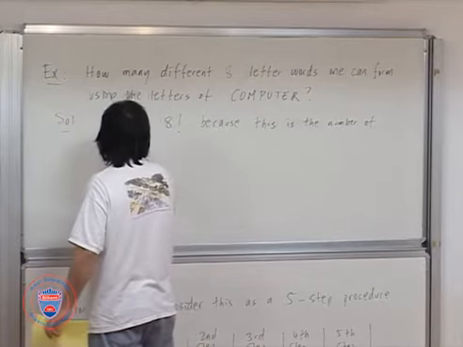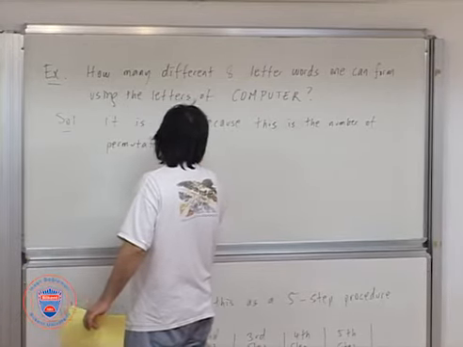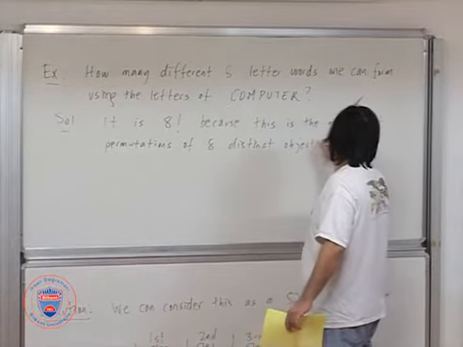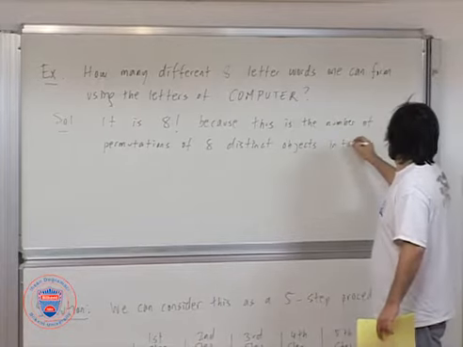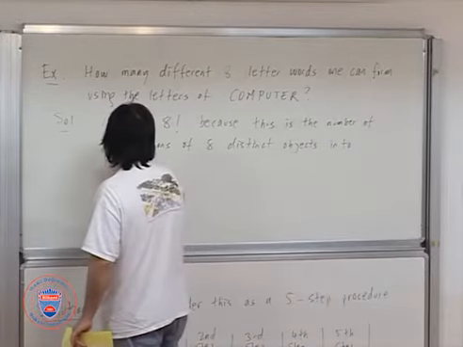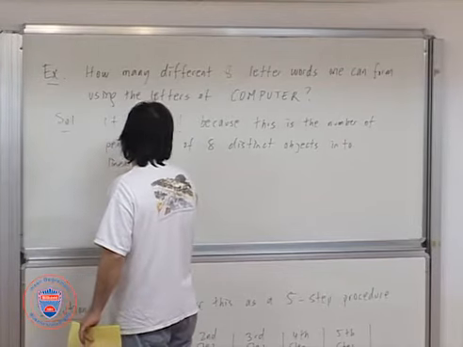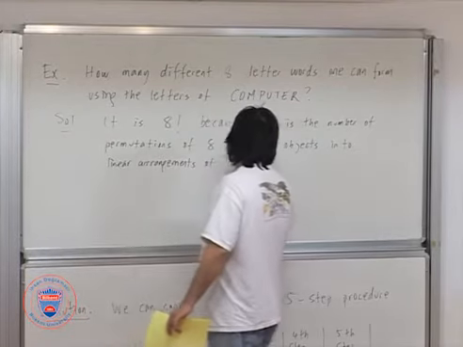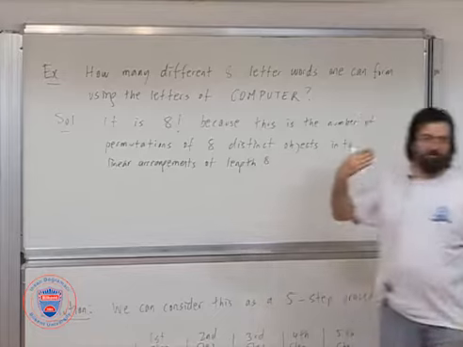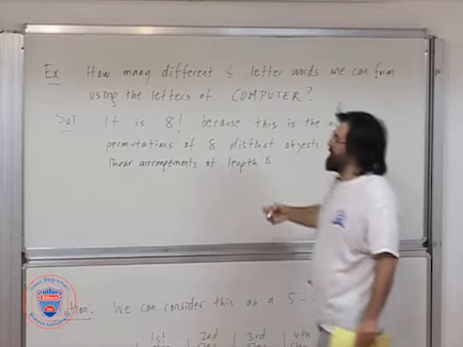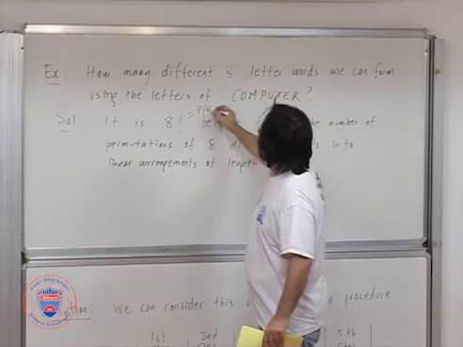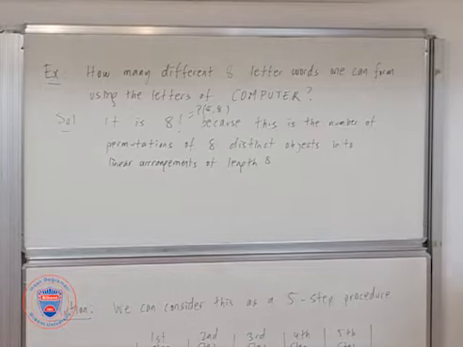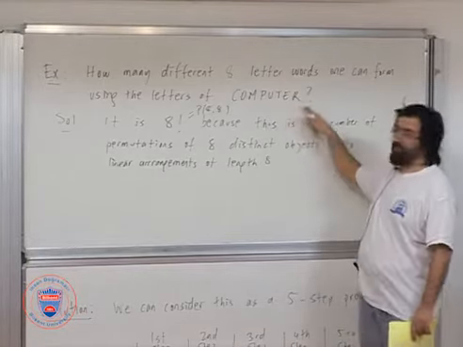Permutations of 8 distinct objects into linear arrangements of length 8. I mean, this is 8 choose 8, right? P(8,8). This is why it's that. But we got lucky here because all the letters are distinct.